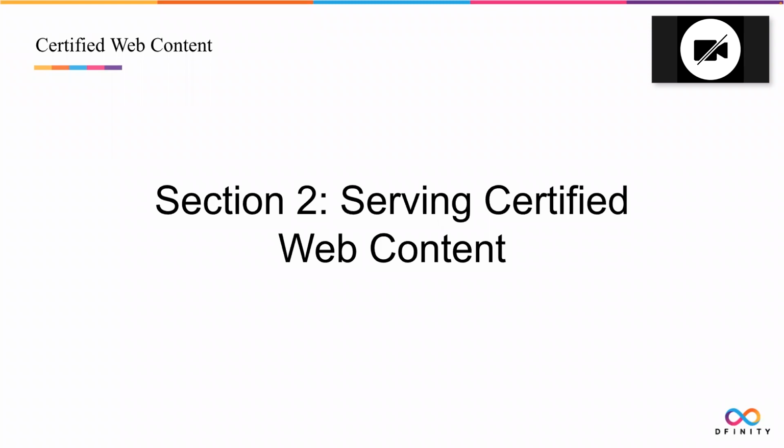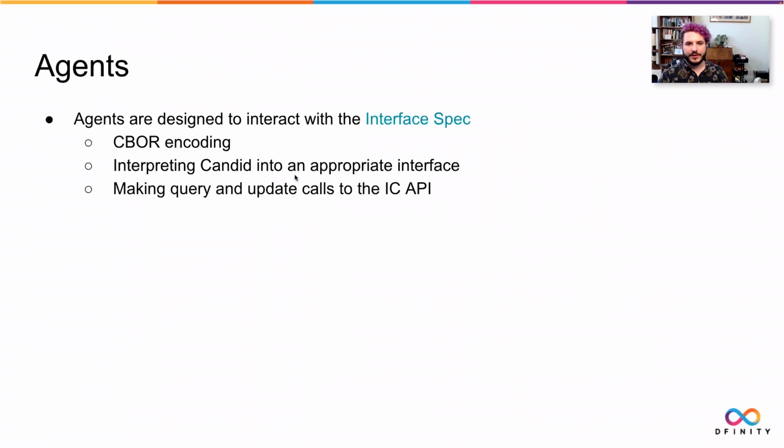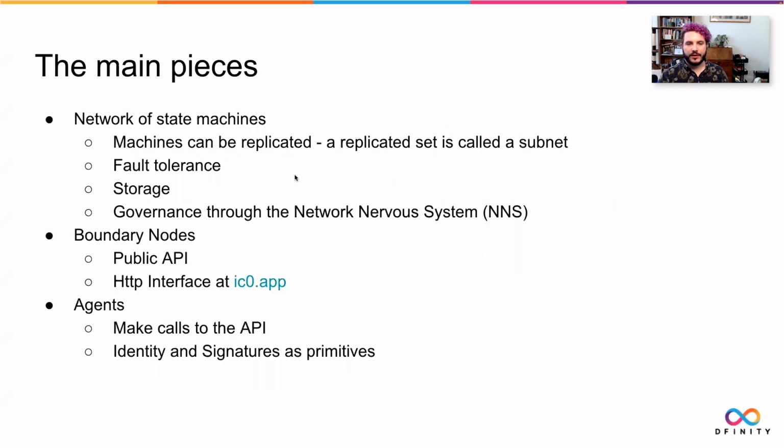Probably. Yeah. So we've got a few models in the Internet Computer. A canister uses what's called the actor model. So it's one entity that has methods on it. So you're talking to an actor. That's what's going to be your state machine.